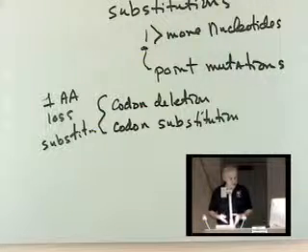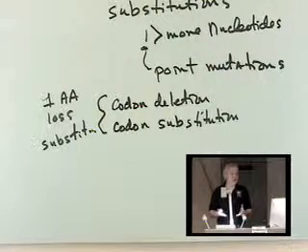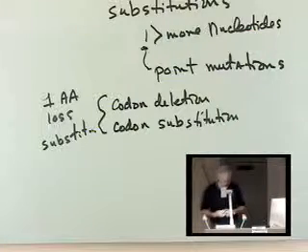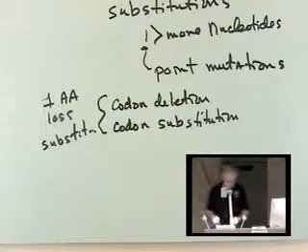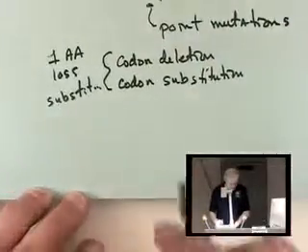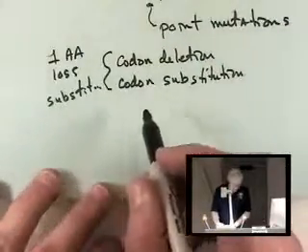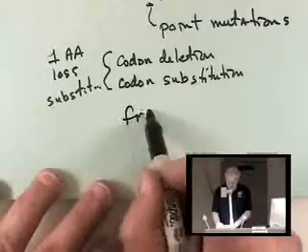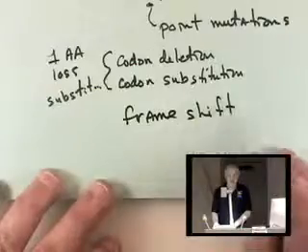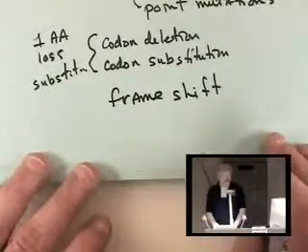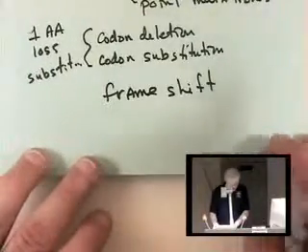But in general, for the protein, it's just one amino acid that's changed. So the chances that it's going to have a big effect on the protein and ultimately the phenotype of the organism are less than if you have what can cause a frame shift type of an effect for reading the nucleic acid sequence.